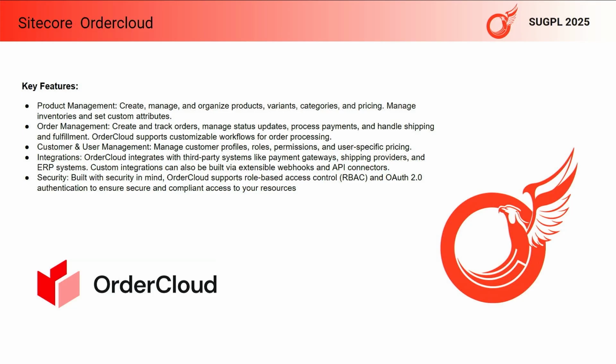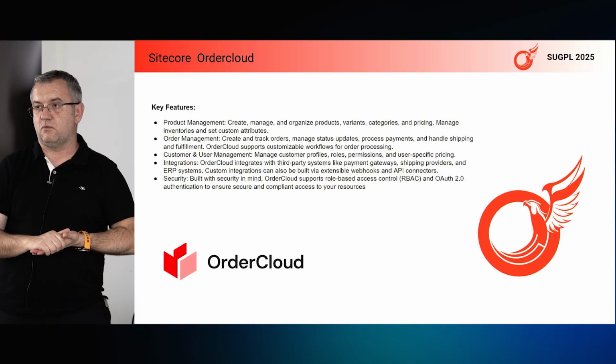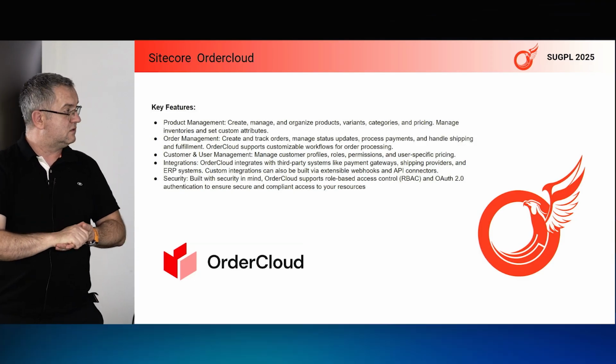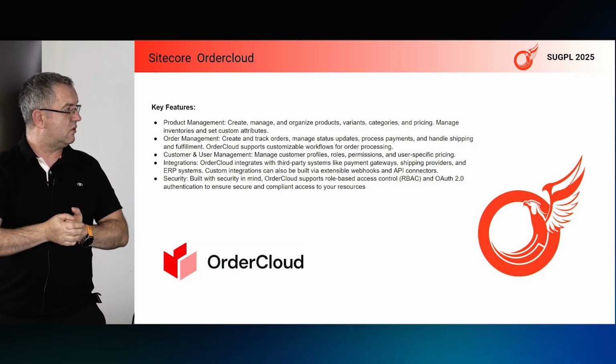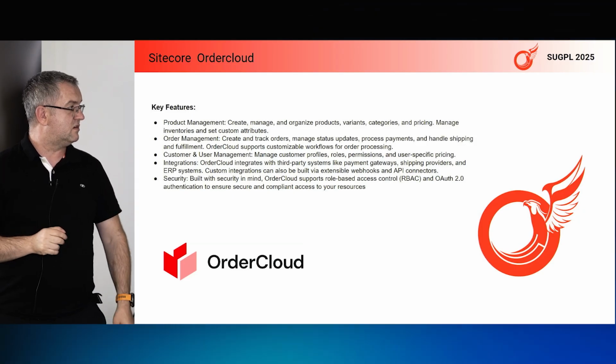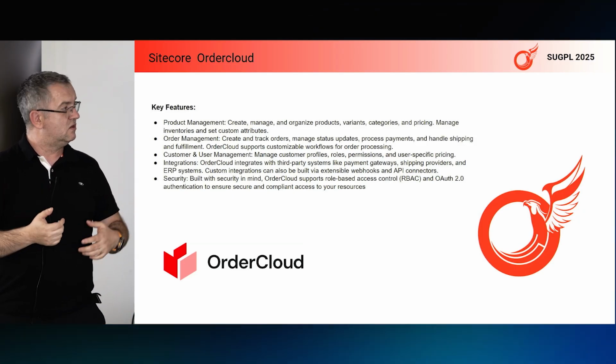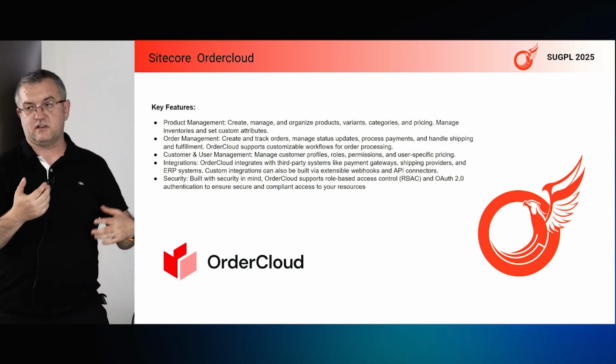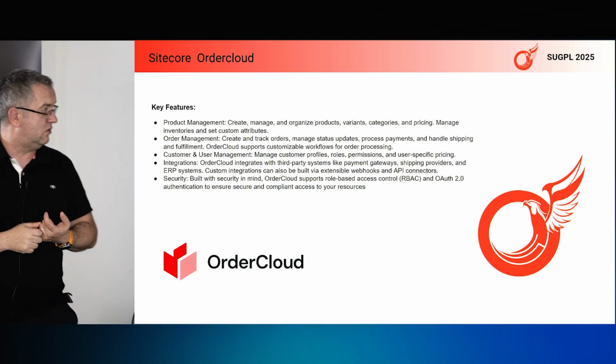What is Sitecore Ordercloud? Sitecore Ordercloud is a SaaS product from Sitecore. They acquired a company like 4 years ago. It was named 451, a US company. So it's an API first product, and it has some key features. For product management, you can create, manage, and organize products in categories, in catalogs, and so on.